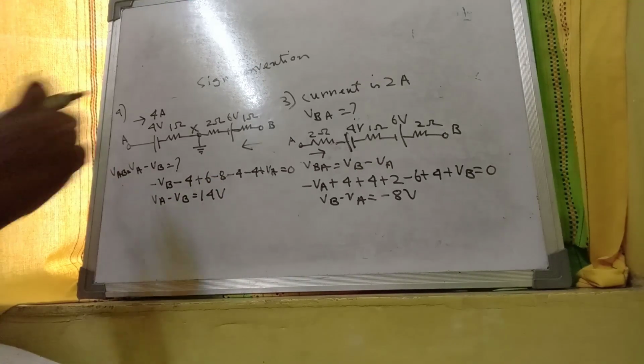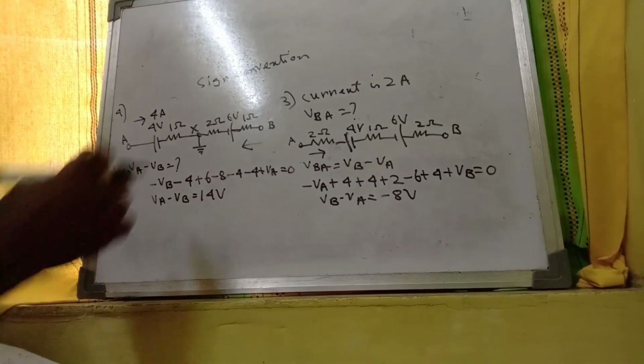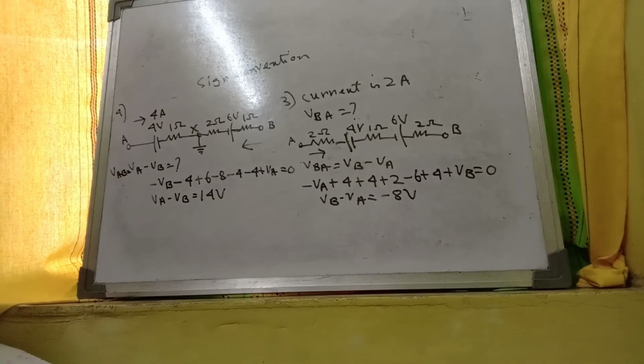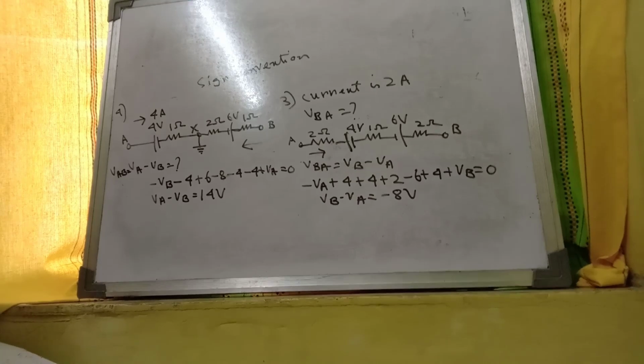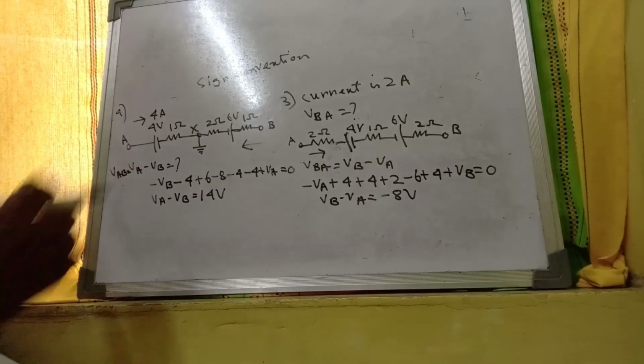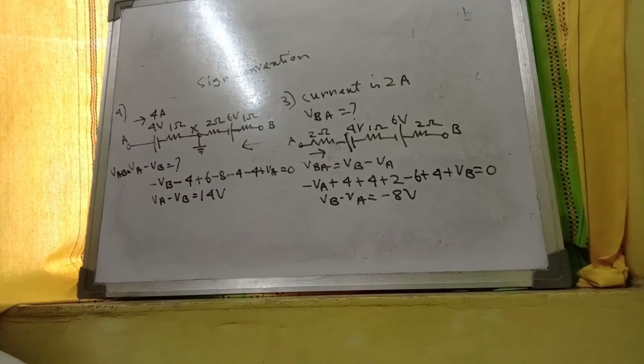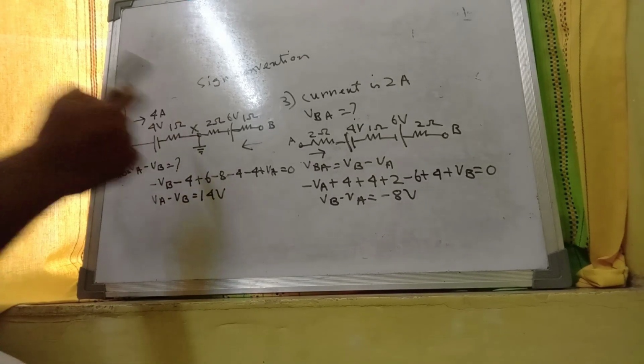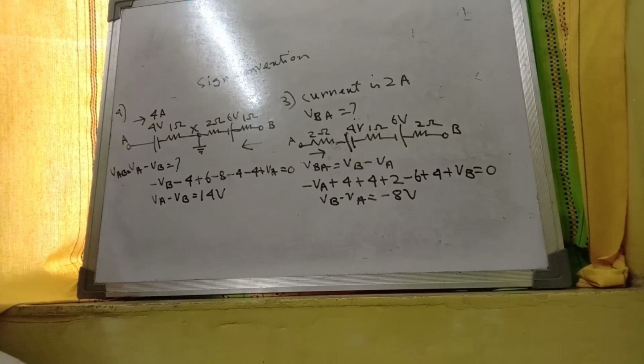Now potential of X is 0. We can see that it is grounded, and it is mentioned also. For finding potential at A, we are finding the potential at A. We will move from X to point A and apply KVL, Kirchhoff's voltage law.